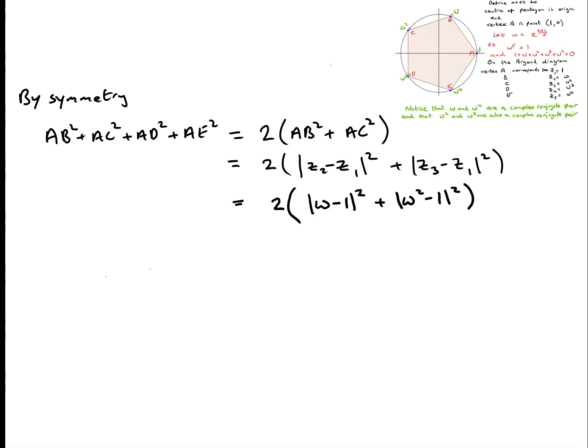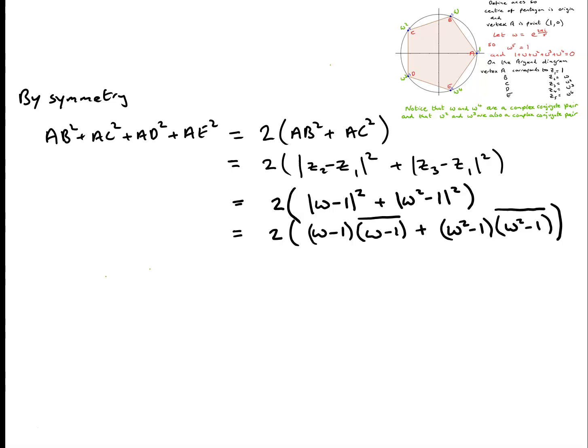So that, in terms of omegas, is twice the modulus of omega minus 1 squared plus the modulus of omega squared minus 1 squared. Now remember, we made the comment that the modulus of Z squared is the same thing as Z times the complex conjugate of Z. So I can say that the modulus of omega minus 1 squared is the same thing as omega minus 1 times the conjugate of omega minus 1.